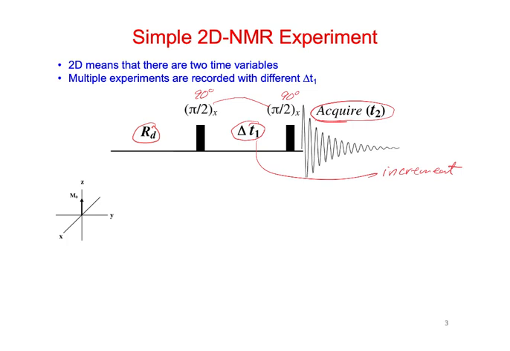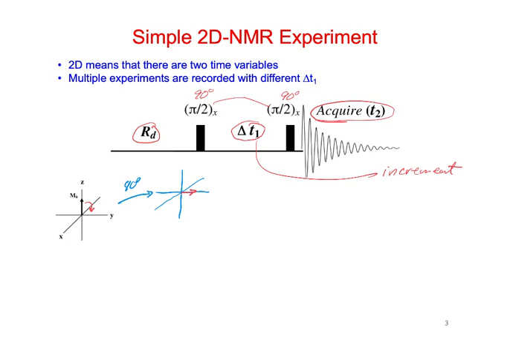Here's our starting point down on the left. We have all of our magnetization in the plus z direction. We are going to do our first 90-degree pulse, which is going to tip the magnetization into the XY plane, like this.